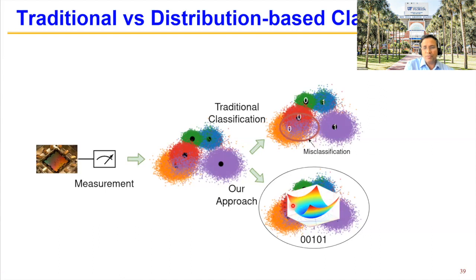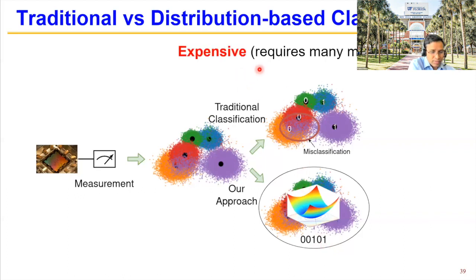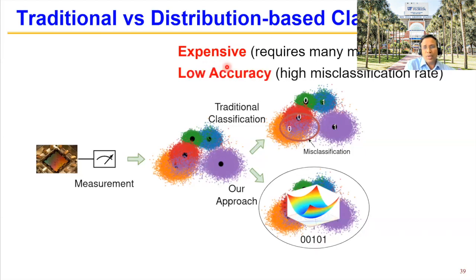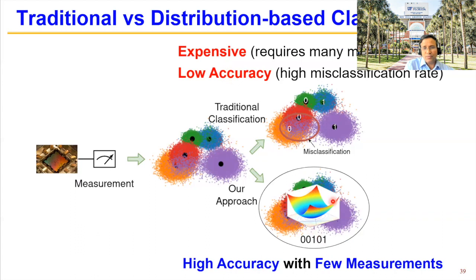Whereas if you do a cumulative distribution function, you get a much faster, more accurate result of the actual measurement. As I said, the existing way of multi-classification could be expensive with low accuracy, whereas if you do a cumulative distribution function, it's going to be high accuracy with few measurements.